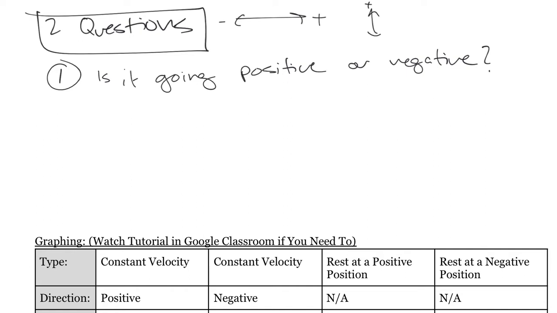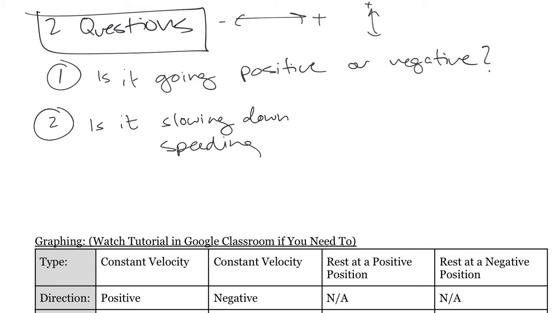The other big question that you have to ask is, is it slowing down, speeding up, or is it constant velocity? It's going to be one of those 3 things.